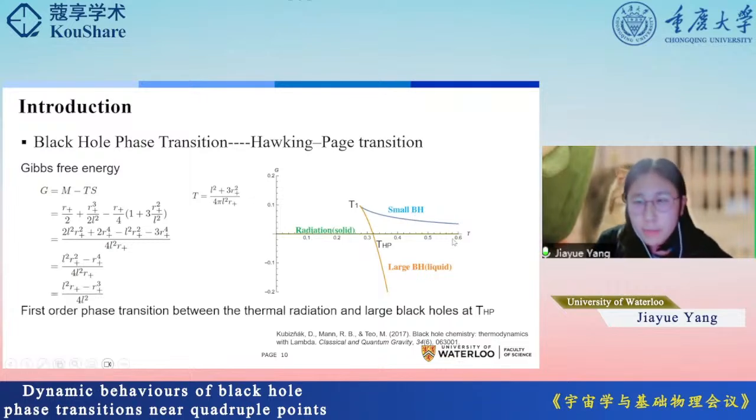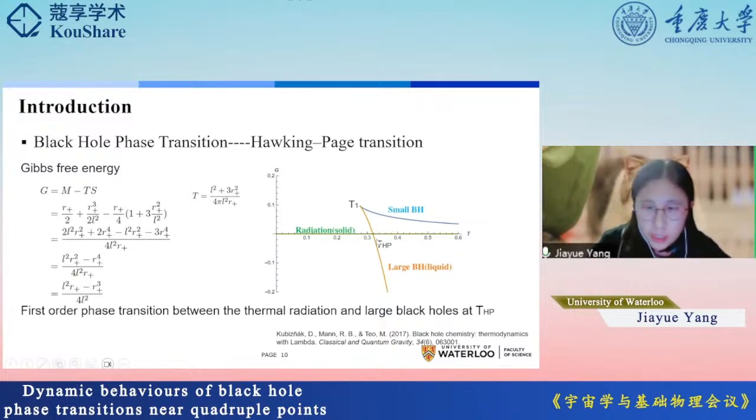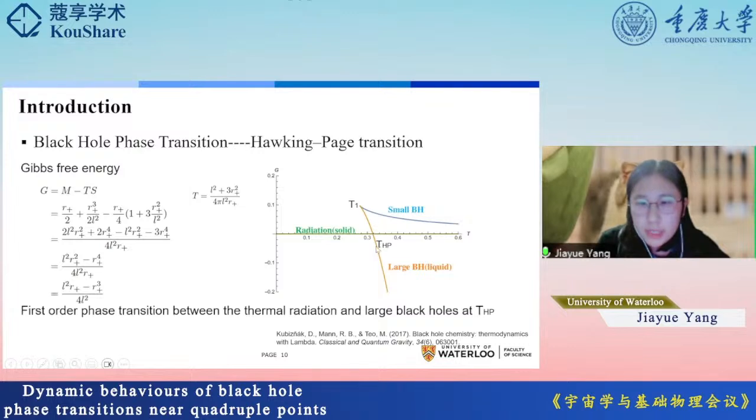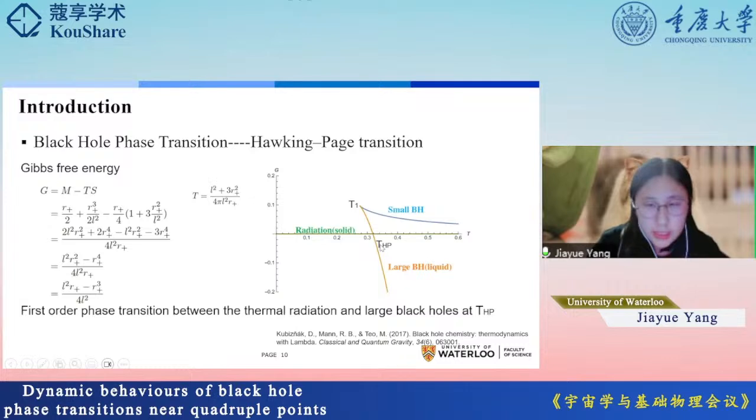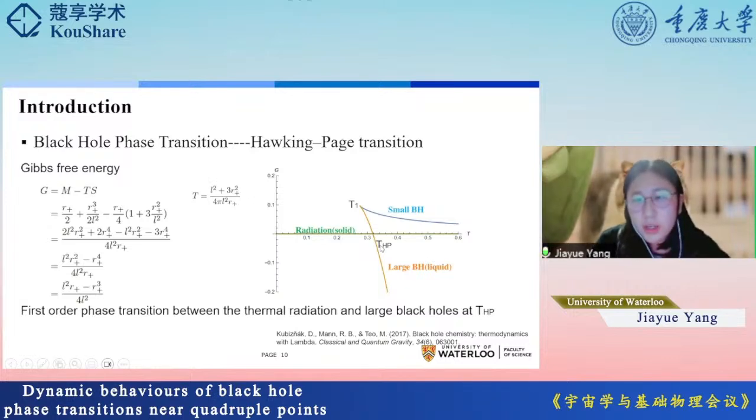And as we can see, if we decrease the temperature little by little, after this T_HP, called the Hawking-Page temperature, the originally preferred state is the large black hole, but after this Hawking-Page temperature, the Gibbs free energy of the radiation becomes lower. So the preferred state is the radiation state.